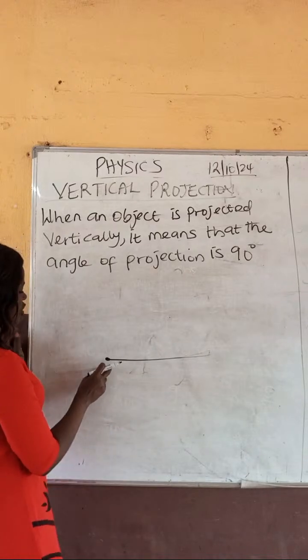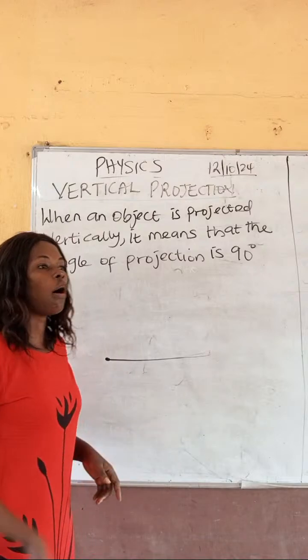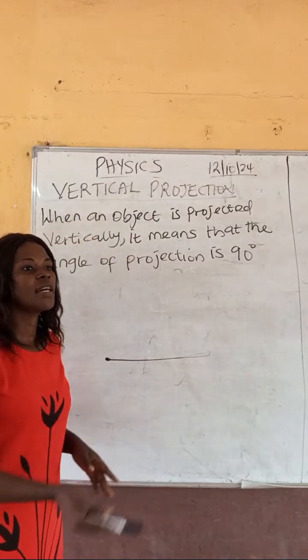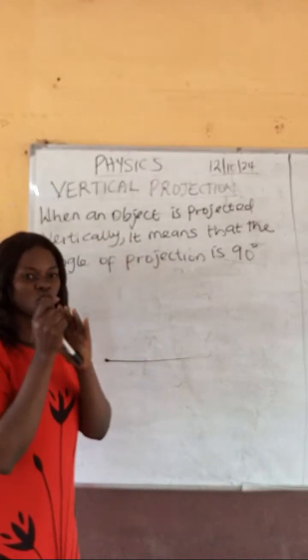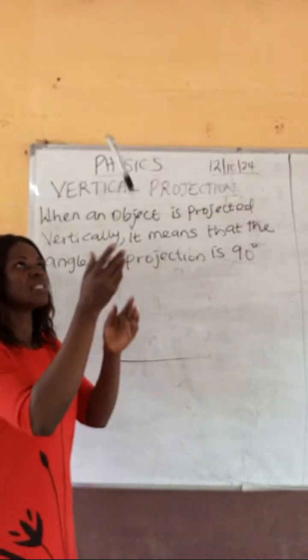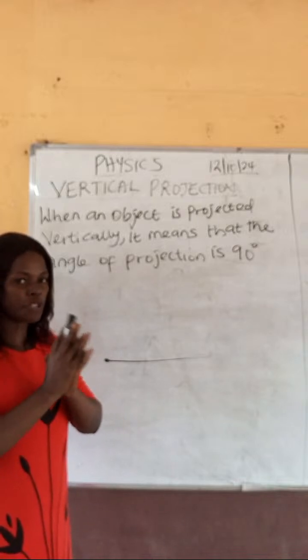Now, this is the horizontal ground, and I choose to project this object up this way, right? It will go and reach a certain height, it will return to the what? To the ground.